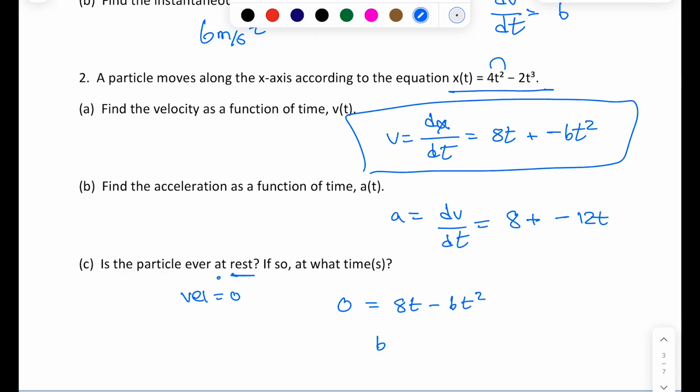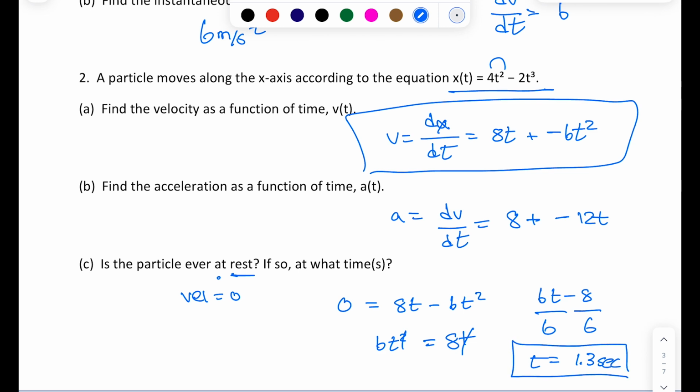So I can say 6t squared equals 8t. 1t cancels. I can say 6t equals 8. Divide both sides by 6. t equals 8 over 6. Is that 1.5? 1.3, yeah. 1.3 seconds. So yes, the answer is it is at rest at 1.3 seconds.